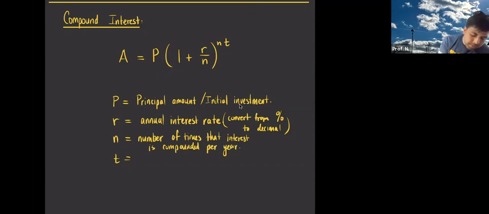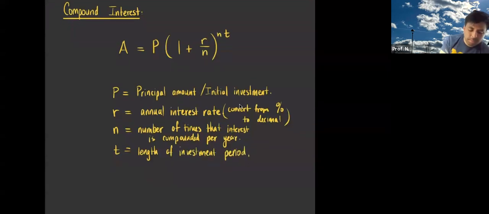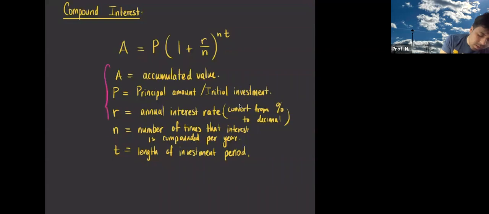And finally, T represents the length of investment period. And we're missing one actually, A. A represents what's called the accumulated value. So all of these little letters here are represented by real world meaning.